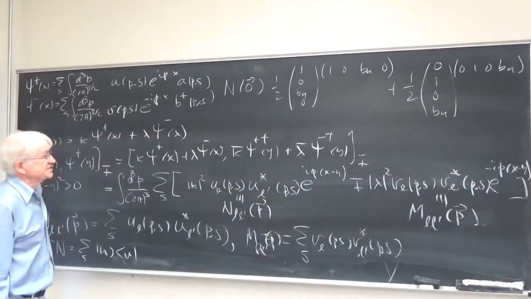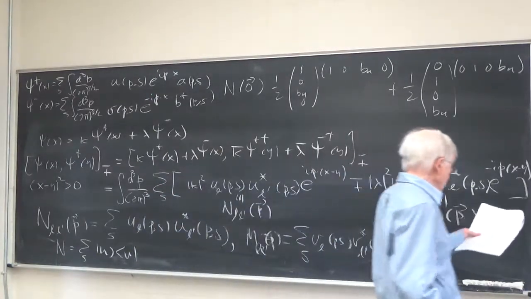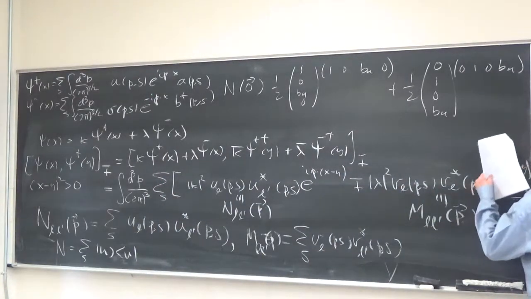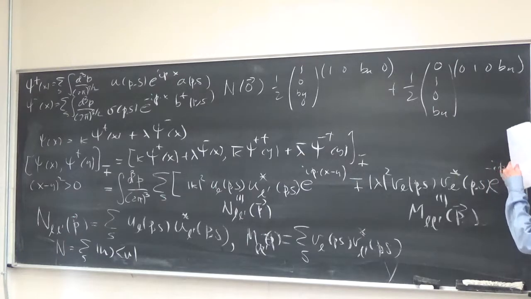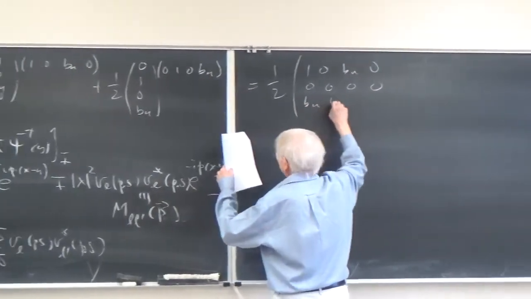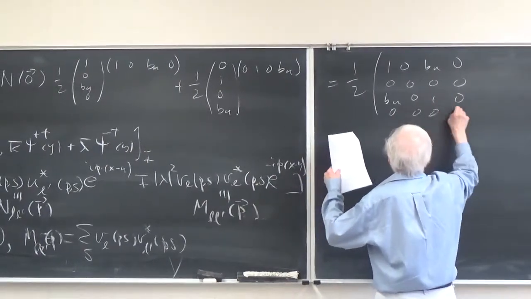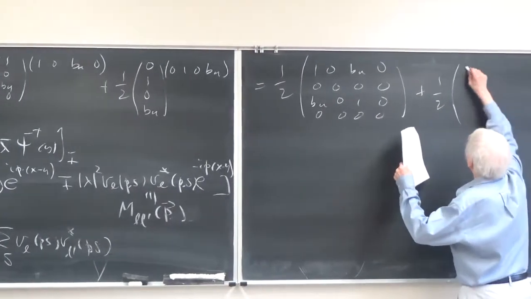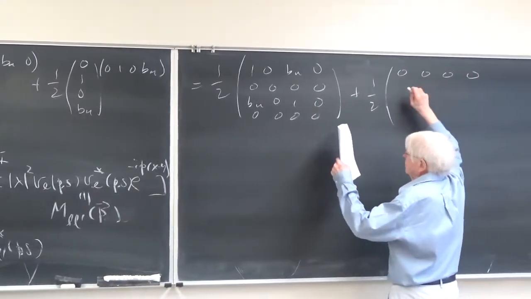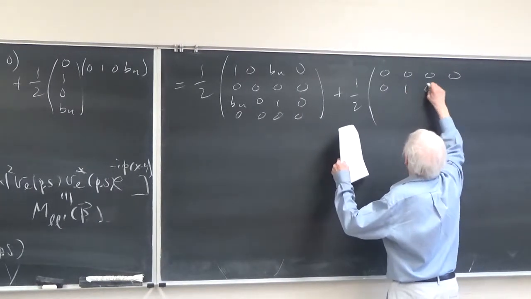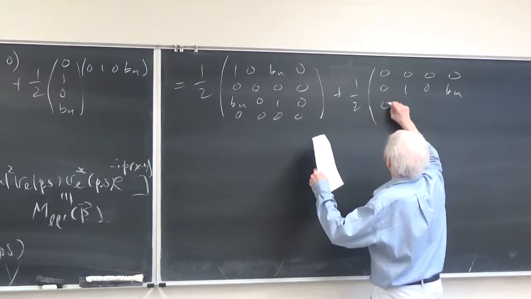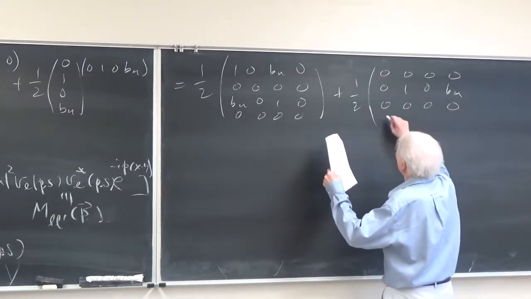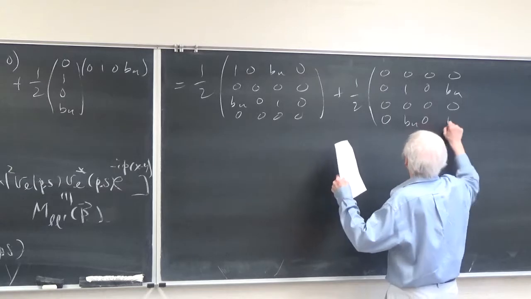So multiplying those out and adding them, what we get is the first one is a half times the matrix with entries 1, 0, BU, 0, and so on, plus a half times the second matrix with entries 0, 1, 0, BU, and so on.